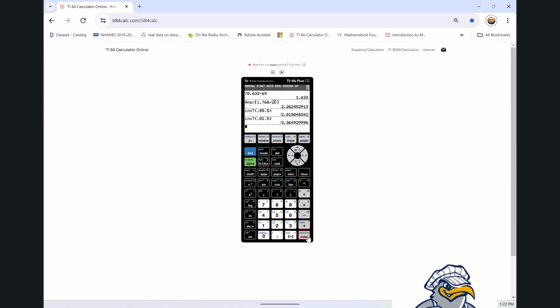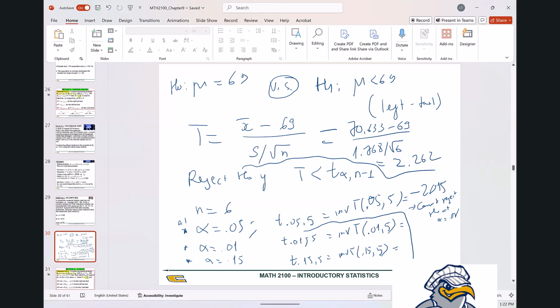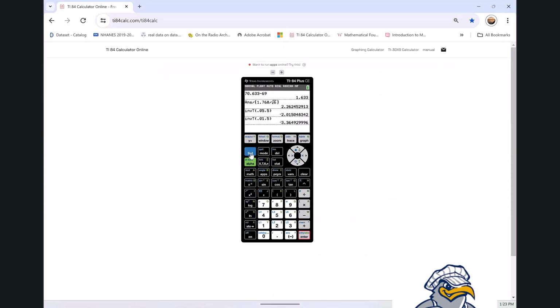The same, it's just negative 3.365, so again you cannot reject here. The same conclusion. How about 0.15? It's a 15% significance level, which is pretty high, but let's see what we find.